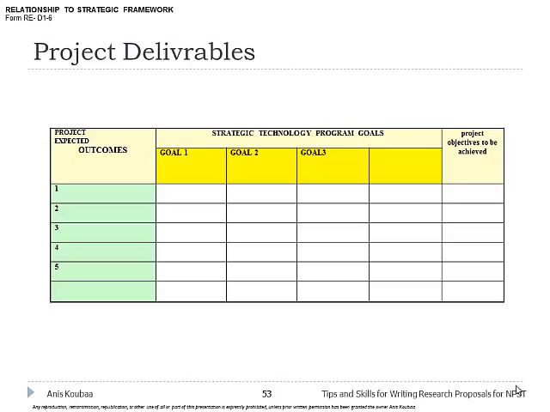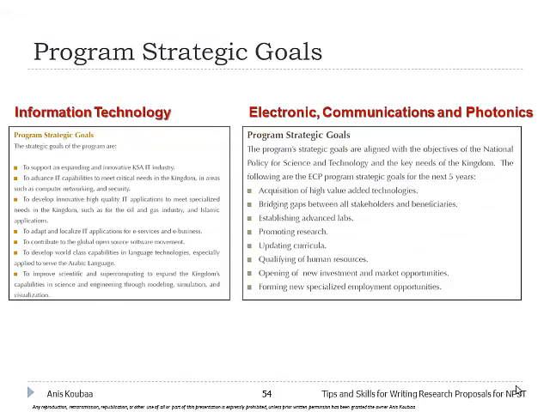the outcomes. This is an example of the program strategic goals for information technology and for electronic and communication photonics. The text is a bit small. For example, for information technology: to support an expanding and innovative KSA IT industry; to achieve IT capabilities to meet critical needs in the kingdom.